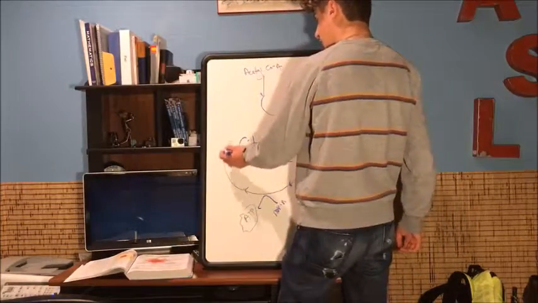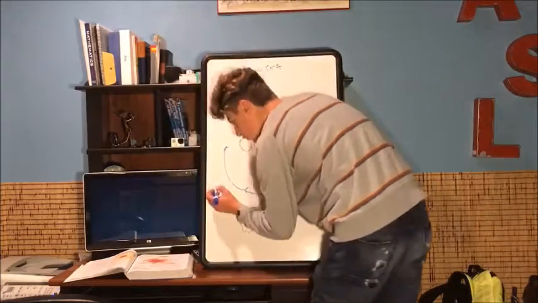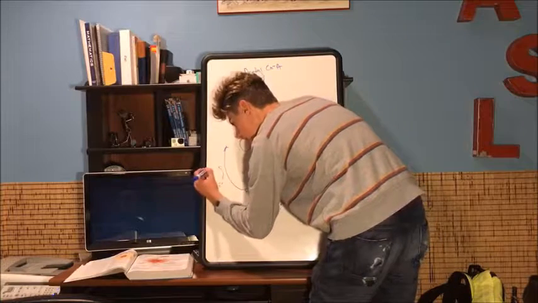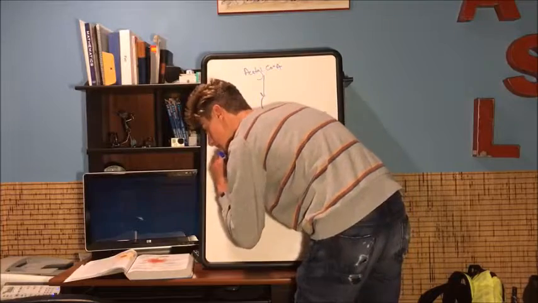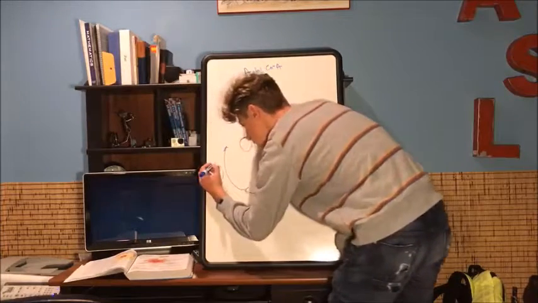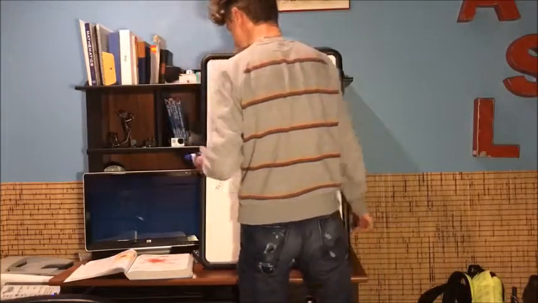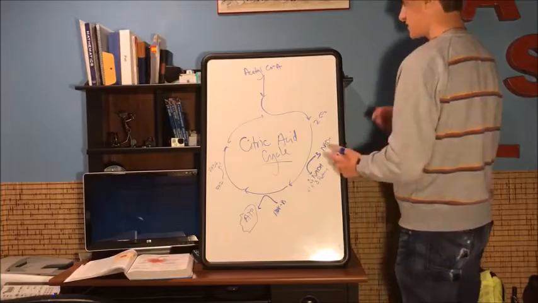So we keep going on. We put in a low energy FAD, and we get out high energy FADH2. So we lose 2 hydrogens in that product. And then that creates the cycle for the citric acid cycle.